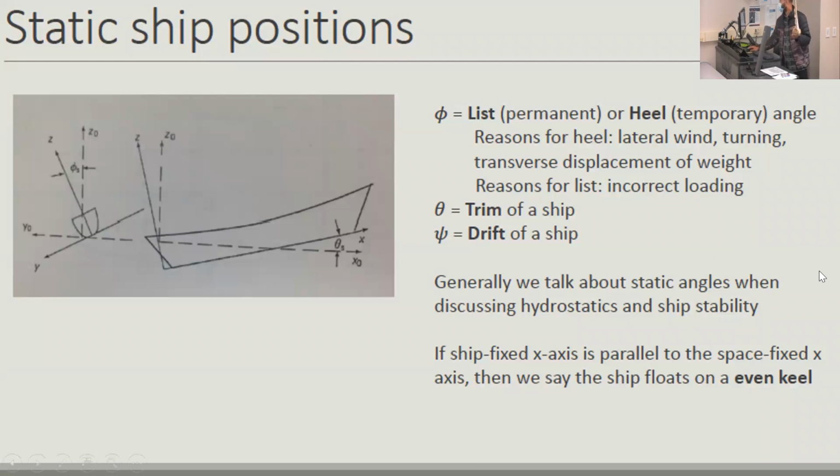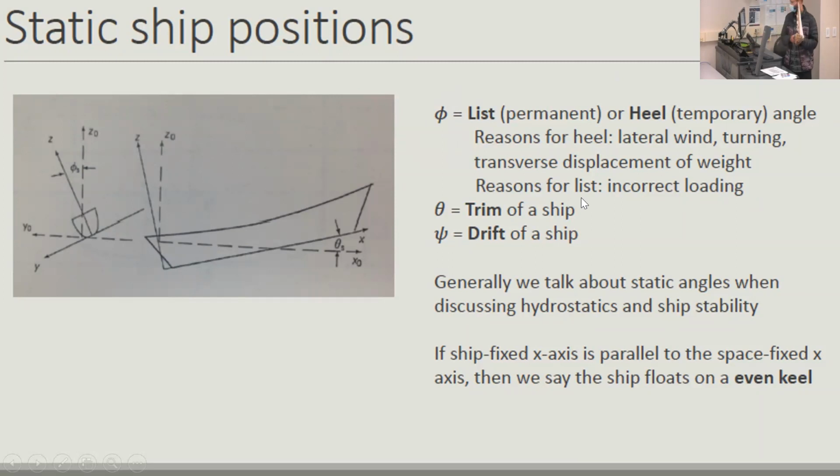On the other hand, if this is a more temporary thing, it's called a heel. If let's say you're sailing and there's a huge gust of wind from this side, it'll cause you to heel temporarily. As soon as the wind dies down, you'll go back to being straight. So that defines the roll angle, well, list angle or a heel angle.